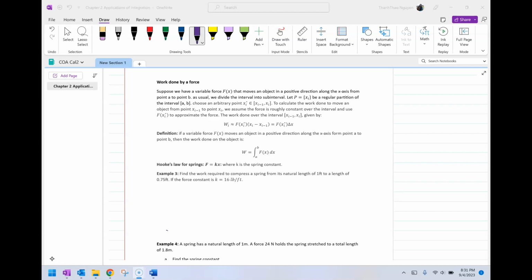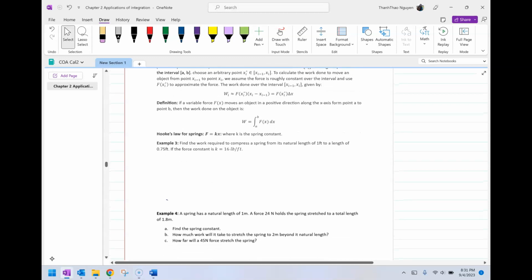Find the work required to compress a spring from its natural length of 1 foot to the length of 0.75 feet, if the force constant is k equal to 16 pounds per foot. So let's start with a picture.